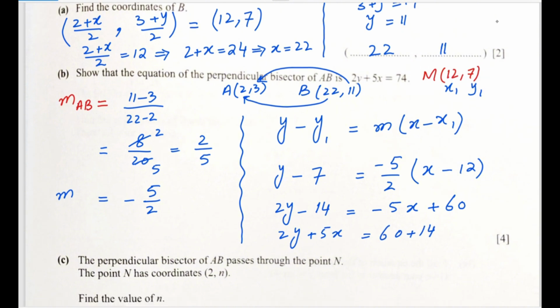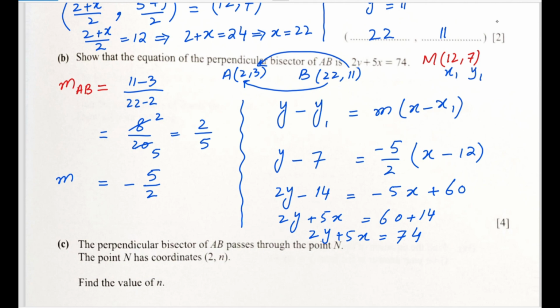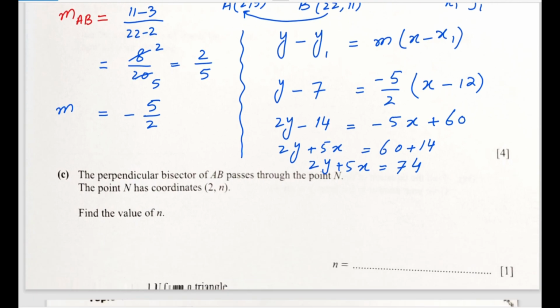So the equation of the perpendicular bisector of the line will be 2y plus 5x equal to 74. So if you see in the question, the same equation we have to prove: 2y plus 5x equal to 74. So hence proved.